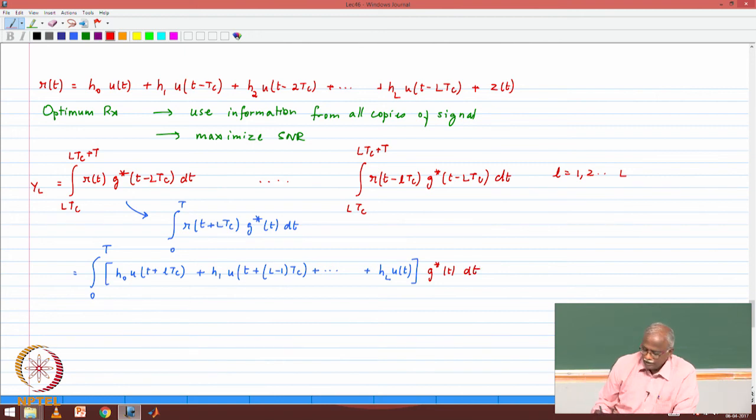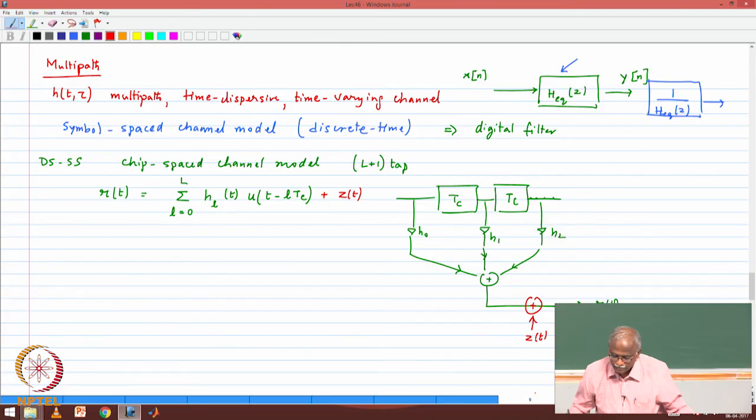Now notice that u of t has got g of t in it. So g of t times g star of t, if I integrate, I will get h subscript L and b root Eb. Did I write down the expression for u of t? No, we have not written the expression for u of t.